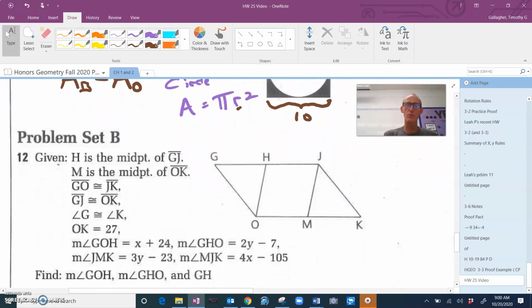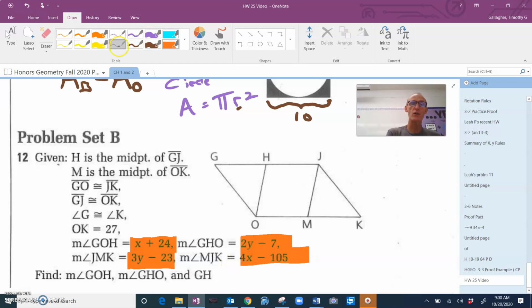So with these algebra problems, you want to be able to put these expressions into the diagram. Okay, so they go into the diagram. Angle GOH, which is x plus 24.